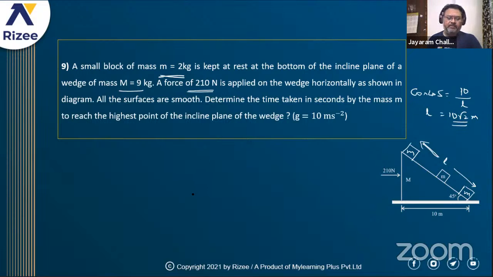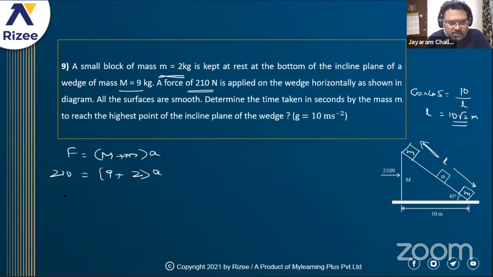So just keep it aside. Now, since this much force has been applied, F is equal to, which two are moving? Capital M plus small m into acceleration a. So 210 is equal to 9 plus 2 kgs into acceleration. So acceleration is equal to 210 by 11.